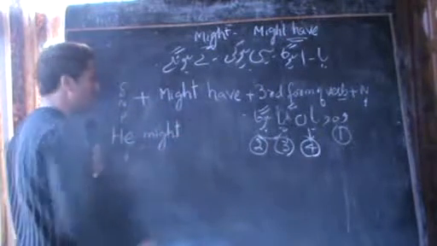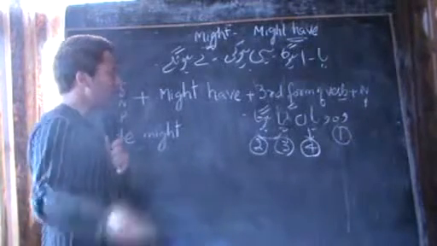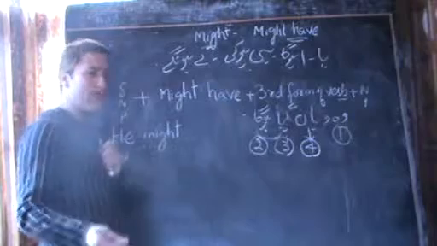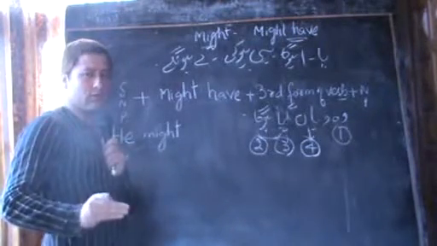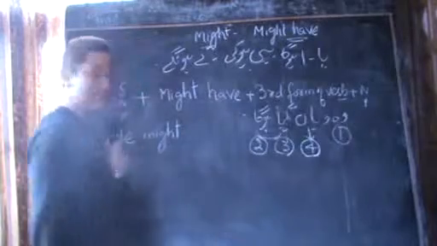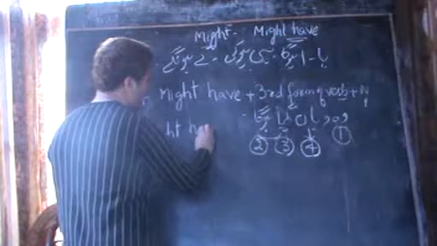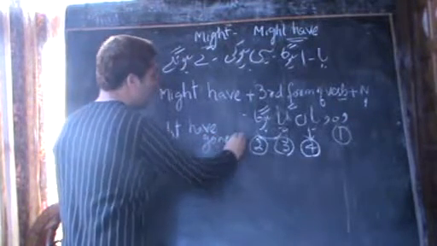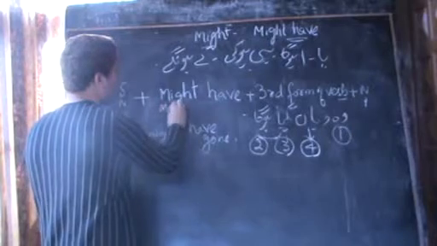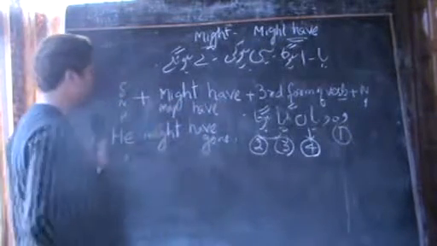This gives the notion that the work was completed somewhere in the past. But we are not confident whether he went there or not this time, because of the structure of the sentence. He might have gone, or you can use may have, because in the formula we can add may have.